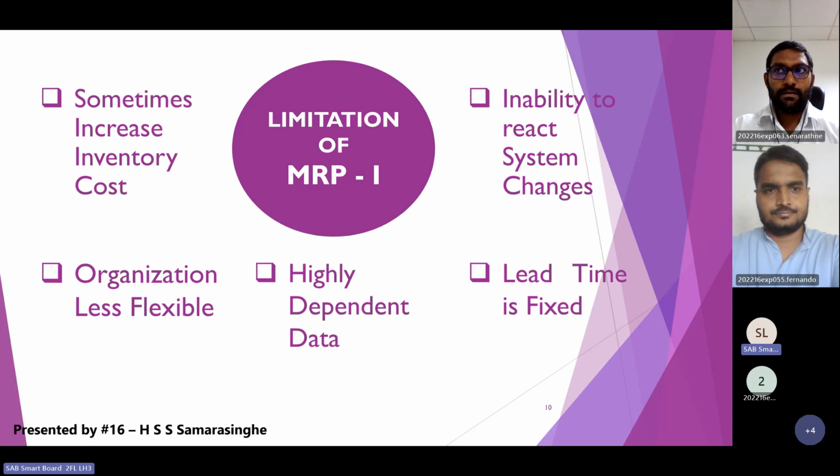And these are the limitations of MRP1: inability to adapt to system changes, lead time is fixed, it depends highly on data, the organization is less flexible, and sometimes it increases the inventory cost. This gives the changes that lead from MRP1 to MRP2, which my friend will explain.